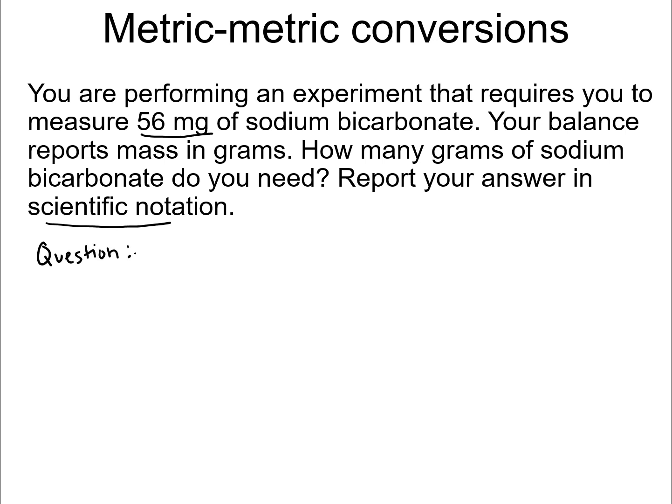So our question here, we've got 56 milligrams. And we're trying to figure out how many grams that is. Our given information, obviously, we've got 56 milligrams. But we also know something about the relationship between grams and milligrams.